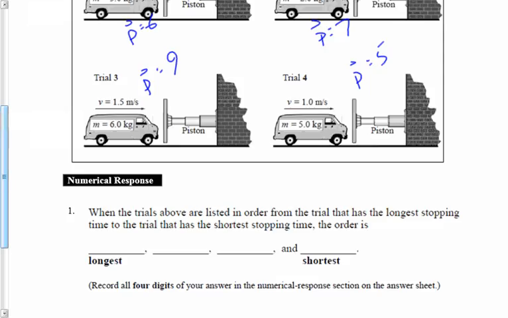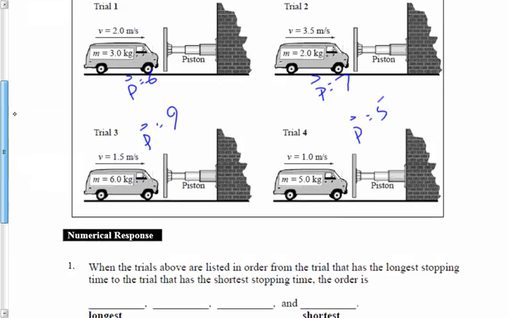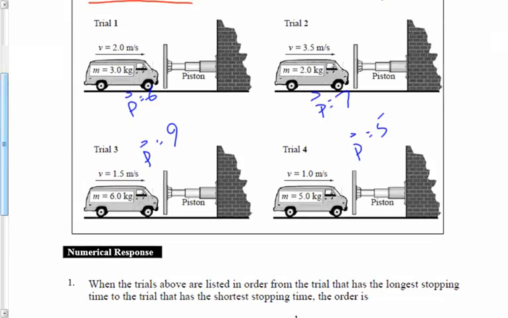Well, if we have the same force for all of them, which one's going to take the longest to stop? Right? 9. It's the most impulse. The impulse would be 0 minus 9, the biggest impulse. The force is the same, then time has to be pretty big as well.